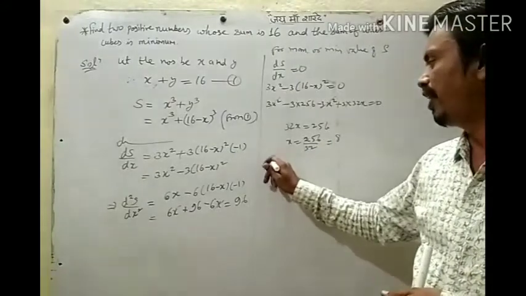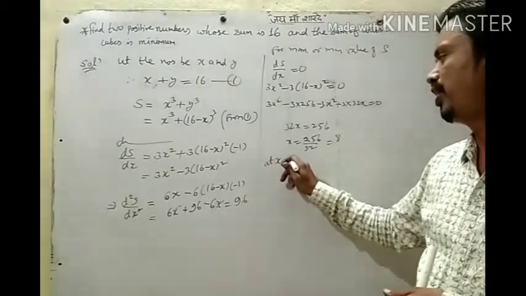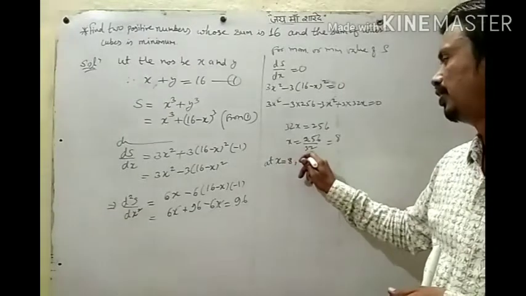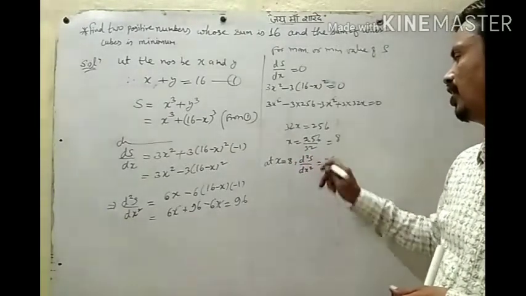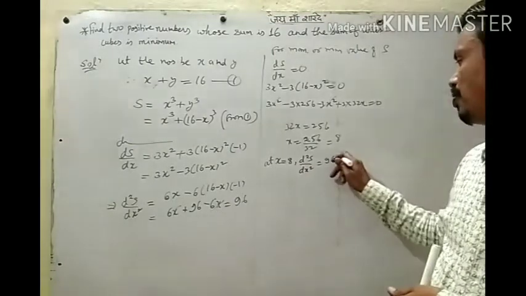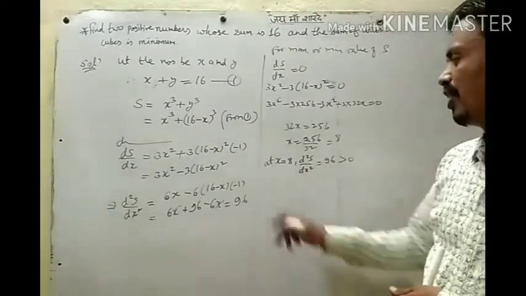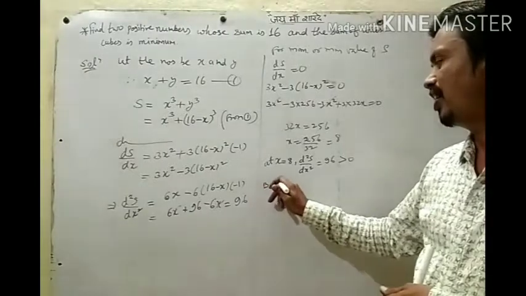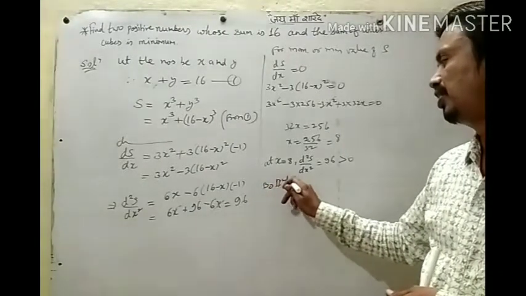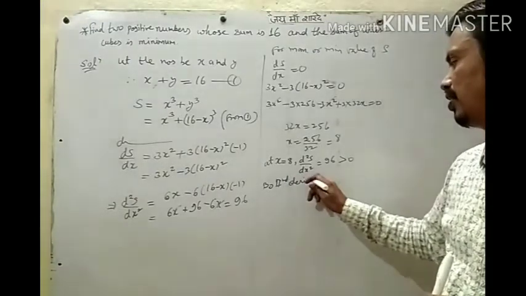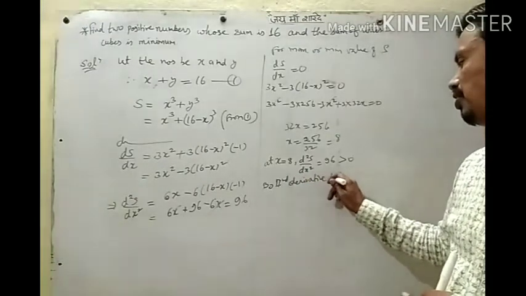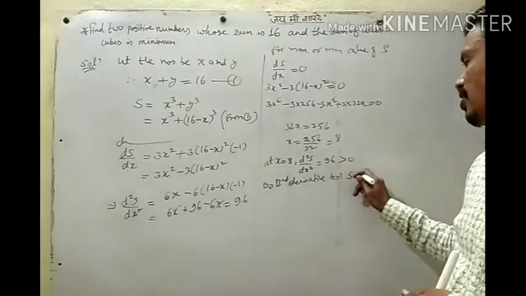Now the value of the second derivative at x equal to 8, d2S by dx square will be 96 only, which is more than 0. It means by the second derivative test, S is minimum.